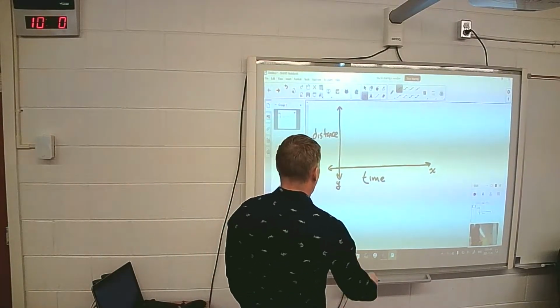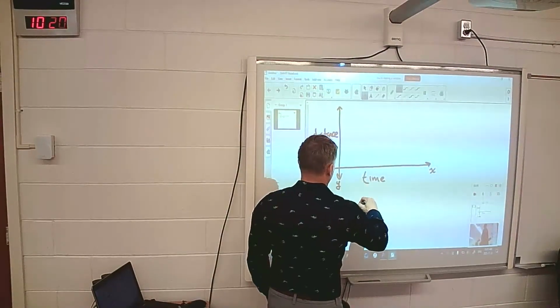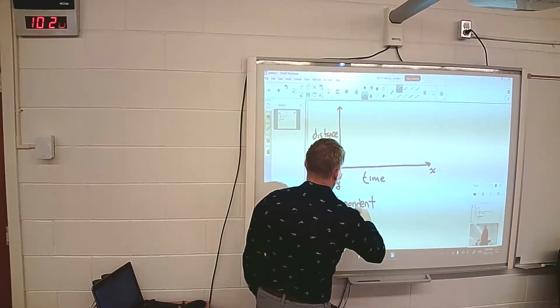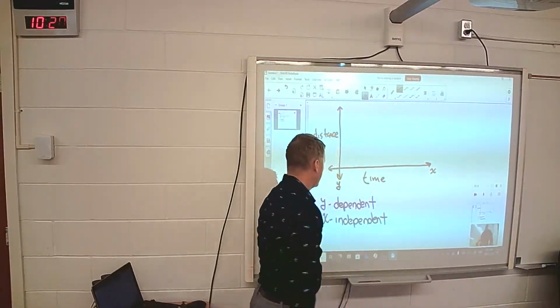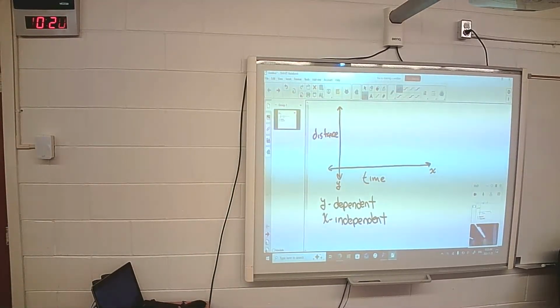Now, most times, we label like this. The x-axis is your independent axis. That's the one that can change and fluctuates.